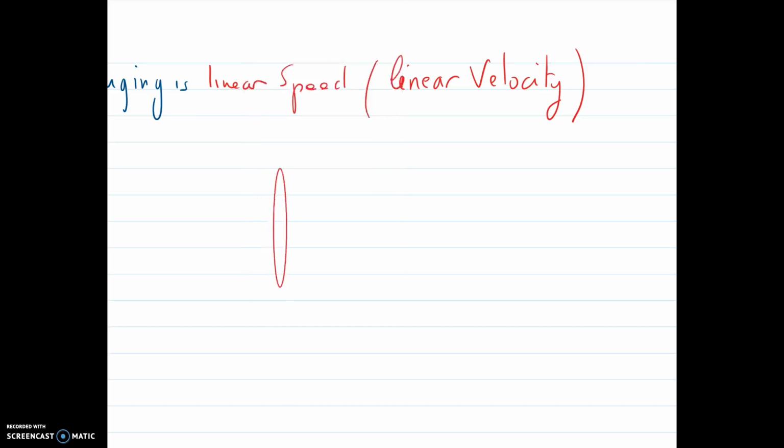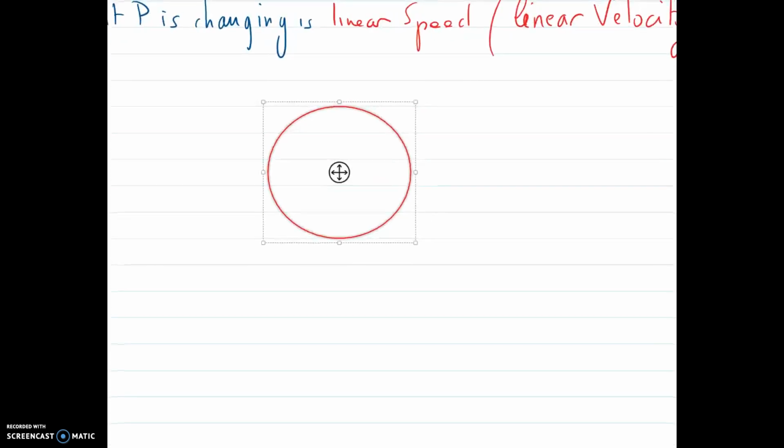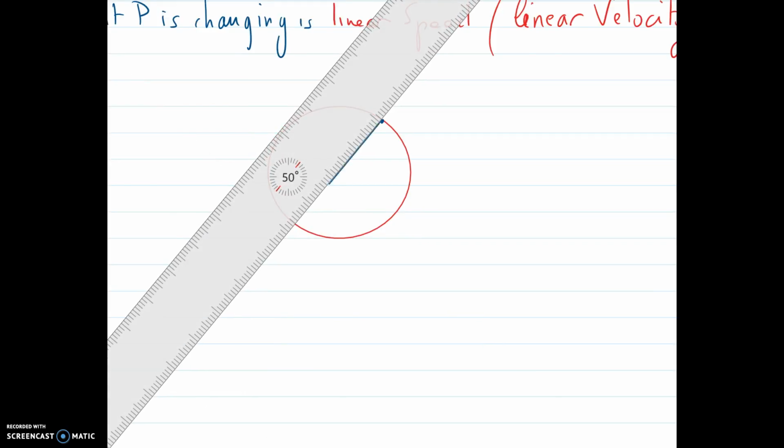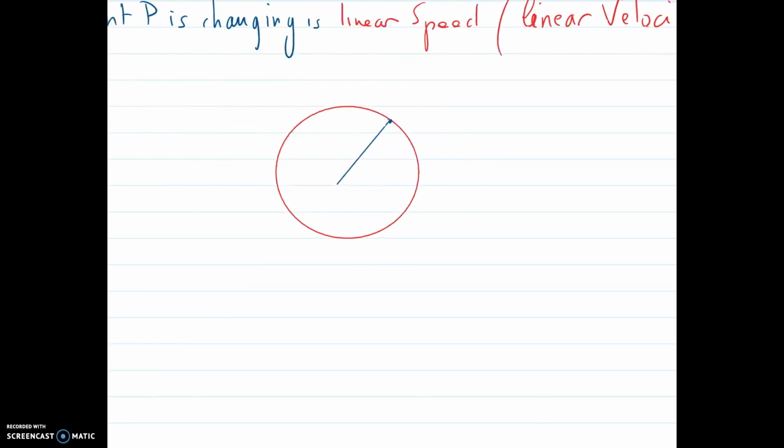Just to remind you, what we are talking about is a point P. Let's try to graph. Let's pretend we are in the center right here. We have the point P right here, and the point P is defined by a linear velocity.